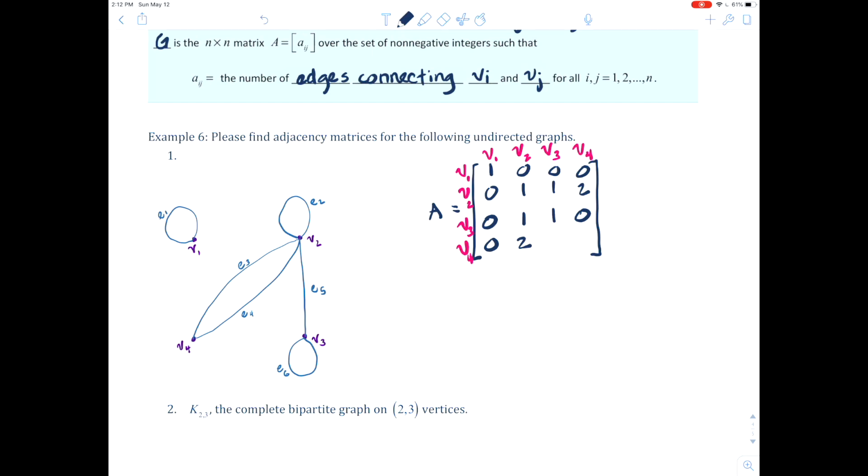And then V4 has nothing going to V3, and V4 has nothing going to itself, right? So we're all good there.